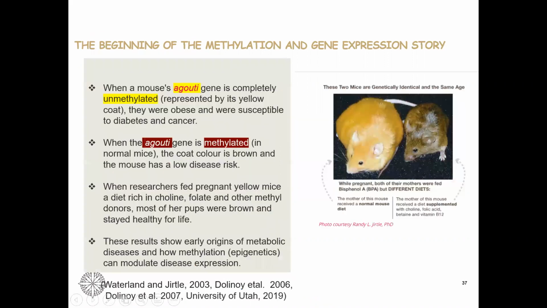So by dietary modulation, they were able to switch on that agouti gene and prevent the disease from occurring in the progeny. Questions? What do we learn from here, or what do we take from here?